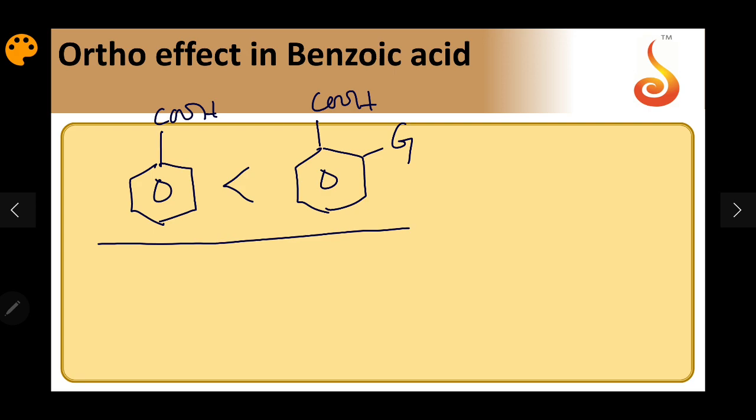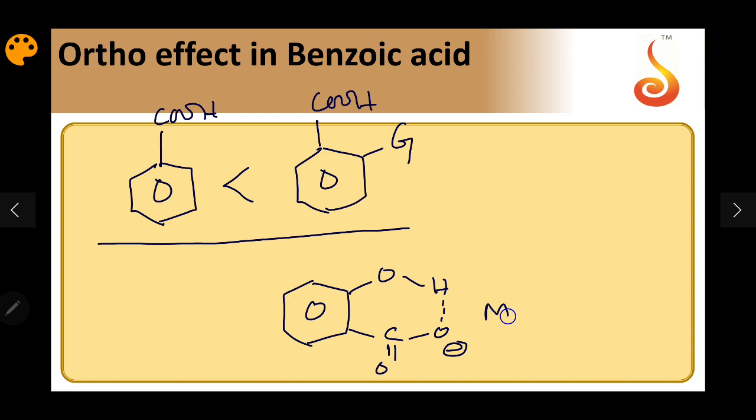Due to steric interaction between the ortho group and the carboxylic acid group, the proton of the carboxylic acid group will be knocked out. And in some cases like salicylic acid, the carboxylate ion is well stabilized by hydrogen bonding. As a result, this is most stable. So salicylic acid is much more acidic than benzoic acid.